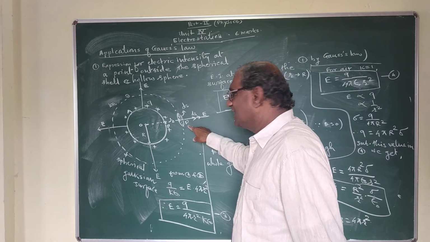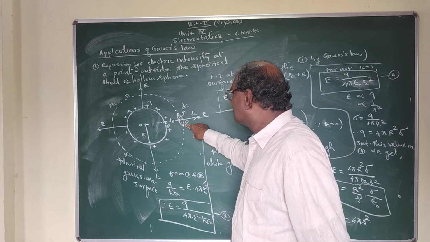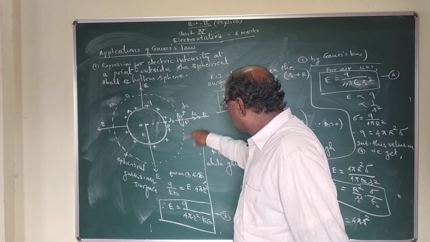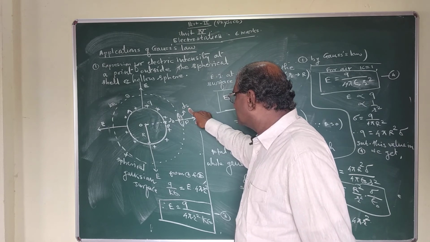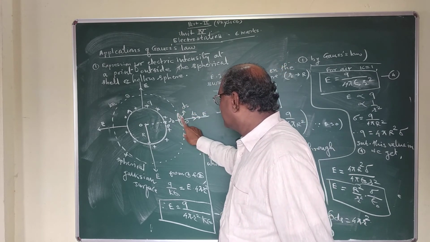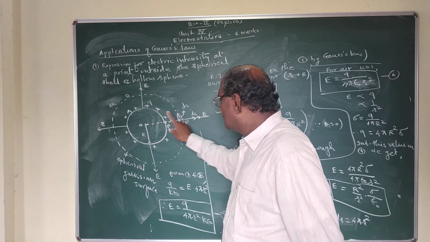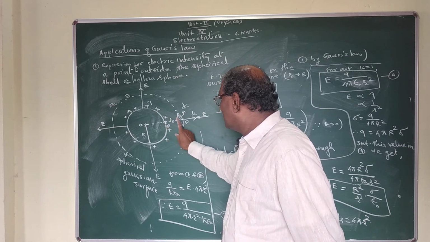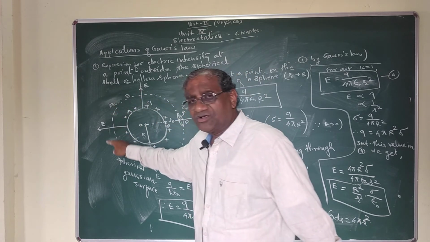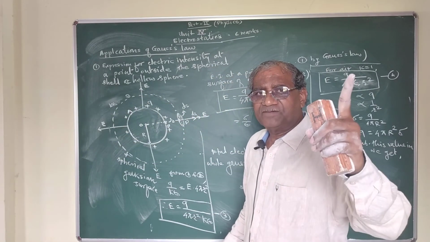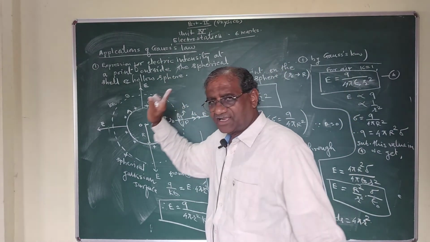Now let us consider a very small element on the Gaussian surface having area ds. Then by the symmetry of the spherical Gaussian surface with the given charged sphere, the magnitude of electric intensity at every point on the Gaussian surface remains constant, but it is in the radially outward direction.